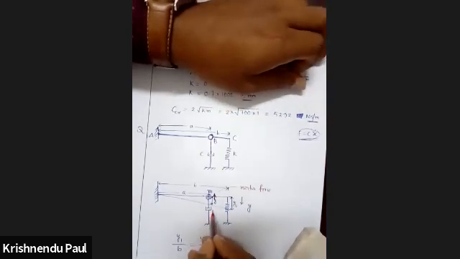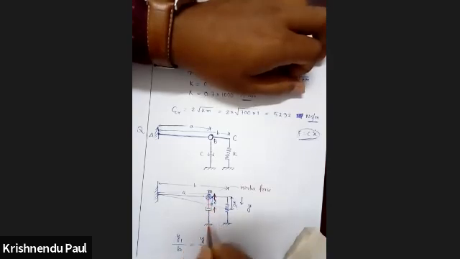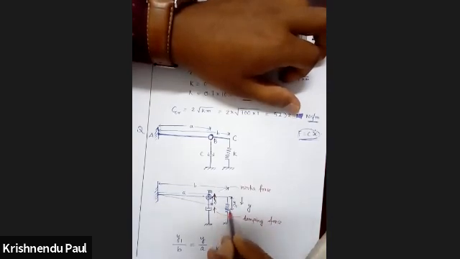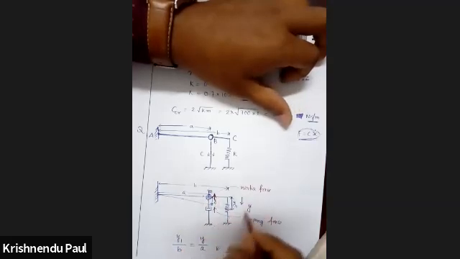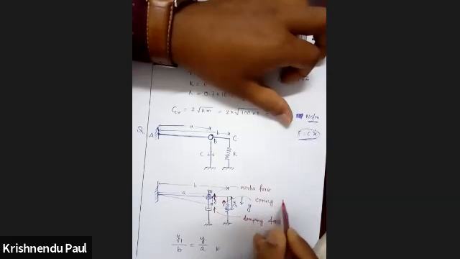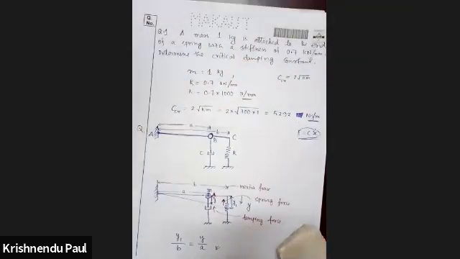The damper will be pushing that mass in the upward direction, and that is the damping force. The spring will also push that mass in the upward direction, so that is the spring force. Any doubt in this part?